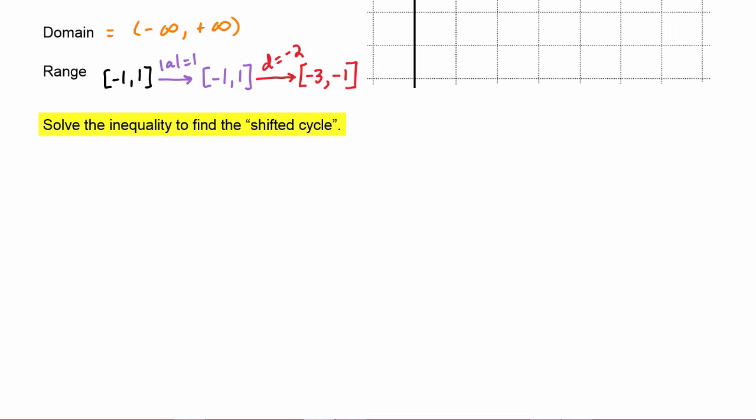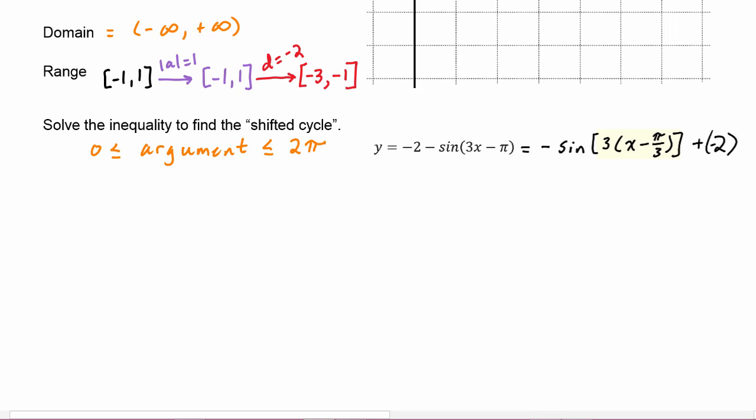Next, we'll solve the inequality to find the shifted cycle. We know for sine and cosine, we have to take the argument of the function and put it in an inequality between 0 and 2 pi. We can use the factored or unfactored version of the argument. And remember, I've mentioned, I think your algebra is just a little bit easier if you use the unfactored form.